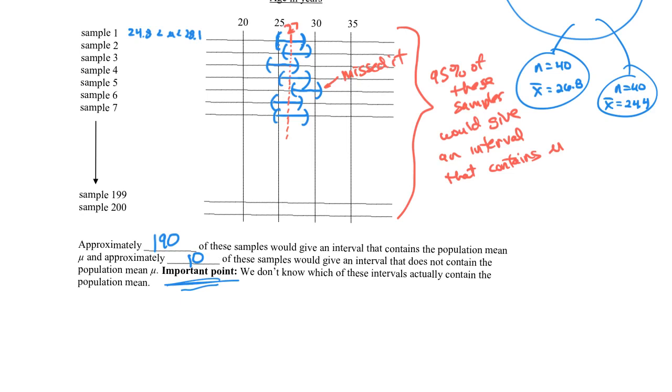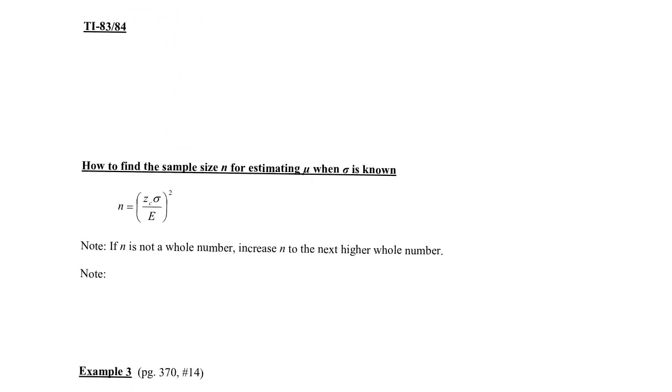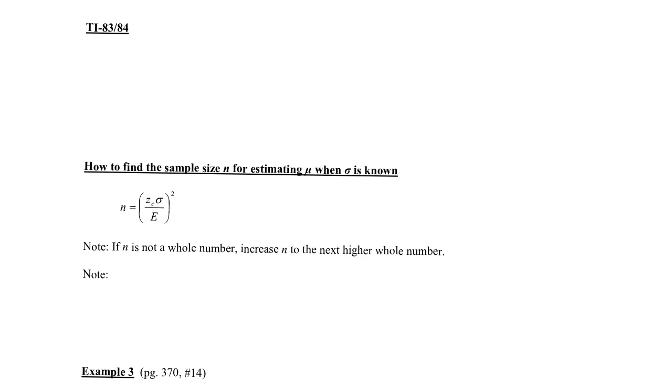Okay, so there's actually a way to do this on the calculator also, which I'll show you here. And this is just to check. In a first year stats class, we have to build these from scratch all the time. But there is a way to do it on the calculator.